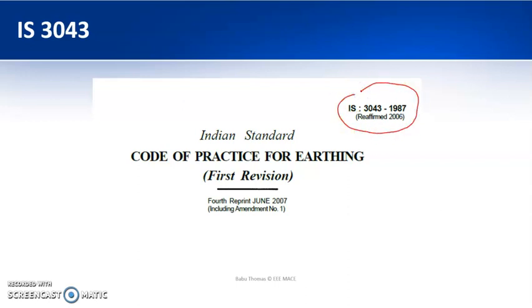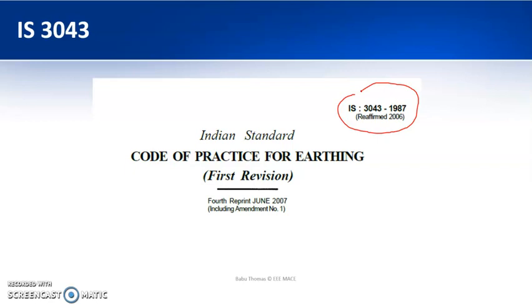That is, it was introduced in the year 1987, and various revisions and amendments have come into this code of practice. So it is a code of practice for earthing, and this is the first page of the Indian standards book related to IS 3043.